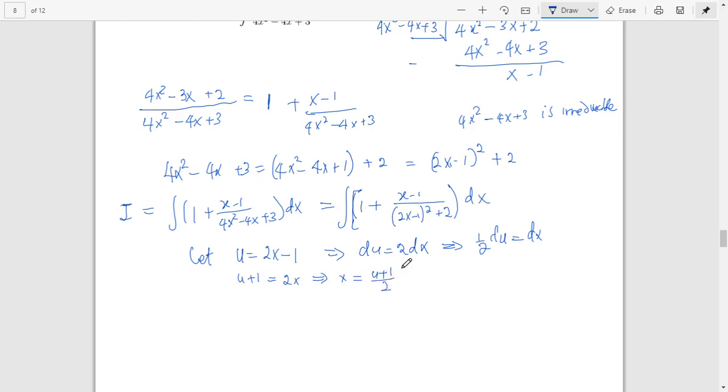Now, why am I doing this? Well, I know I have some x minus 1 above, and if I'm changing the variable, I'm still going to change the variable of x above.